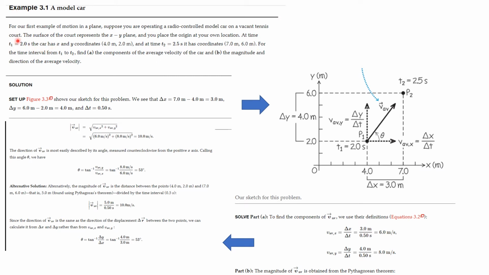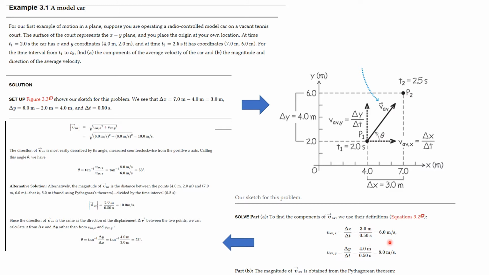Okay, talking about the solution, we start here and we move up to this point. For part A, we want to find the components of the average velocity. How much did you change in the x direction? You changed 3 units in the x direction divided by delta t, which was 1/2 of a second.